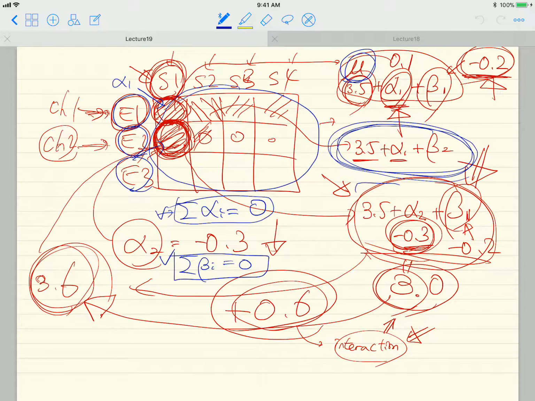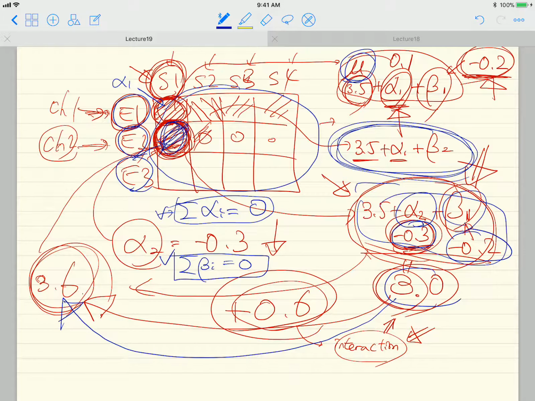Okay, so when following the additive model, when alpha 2 and beta 1 correspond to this cell, alpha 2 was minus 0.3 and beta 1 was minus 0.2, and when summing them up, this value should be 3.0, but their actual mean value was found to be 3.6, right?